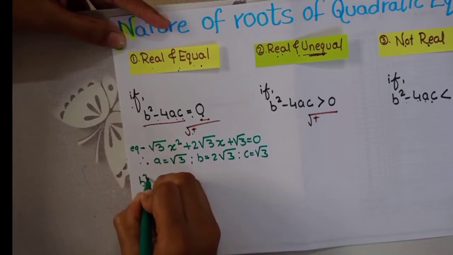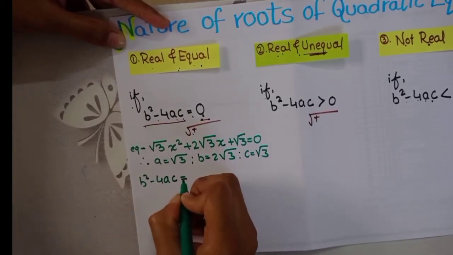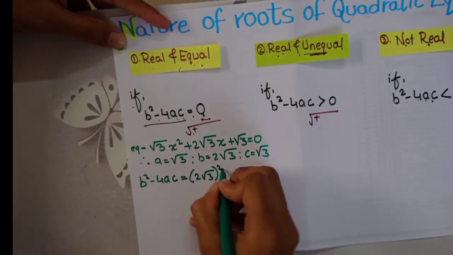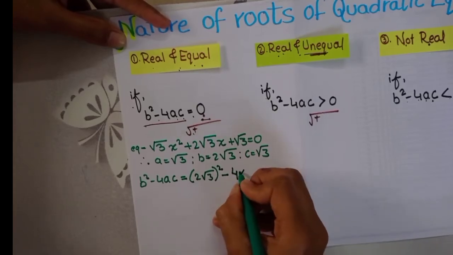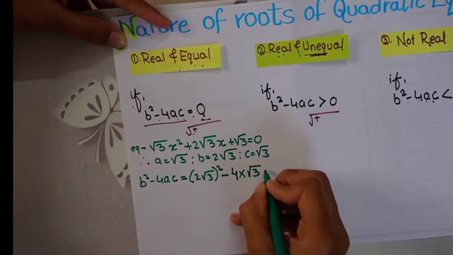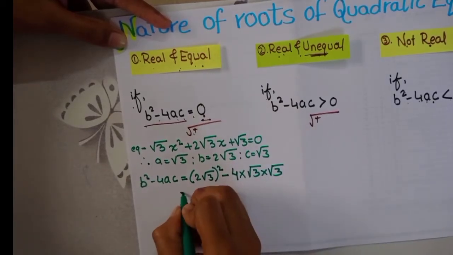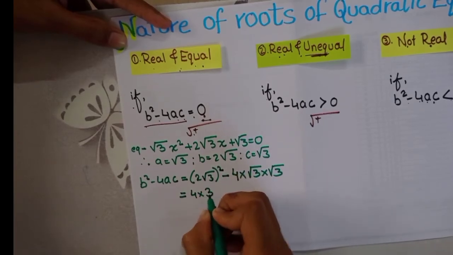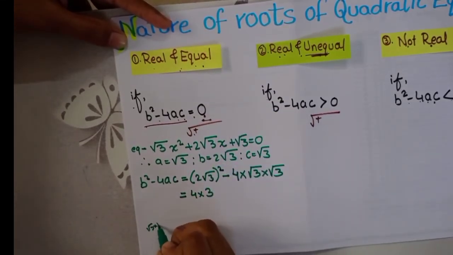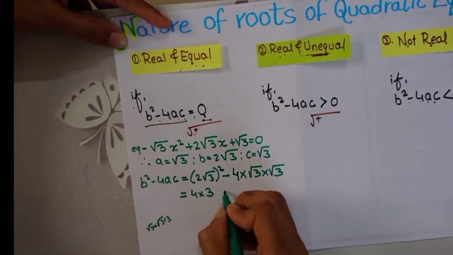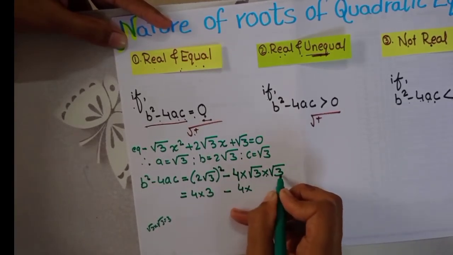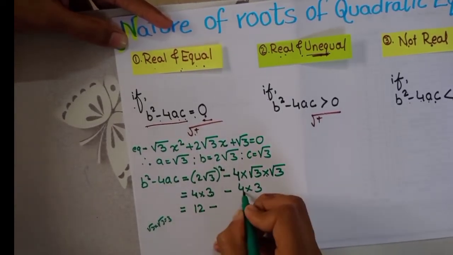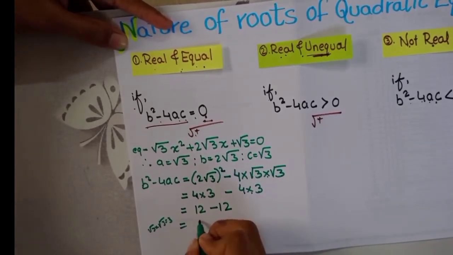Now we find the value of b square minus 4ac. b square is 2 root 3 whole square, minus 4 into a is root 3, c is also root 3. 2 square is 4, root 3 square is 3, so 4 into 3 is 12, minus 4 into root 3 into root 3, which is 3, so 4 into 3 is 12, which is equal to 0.